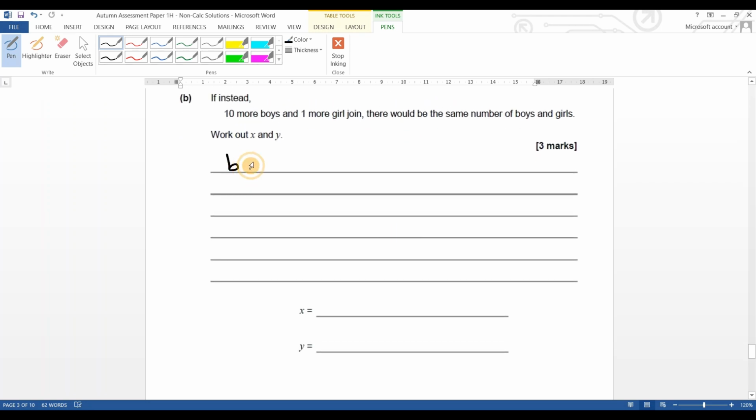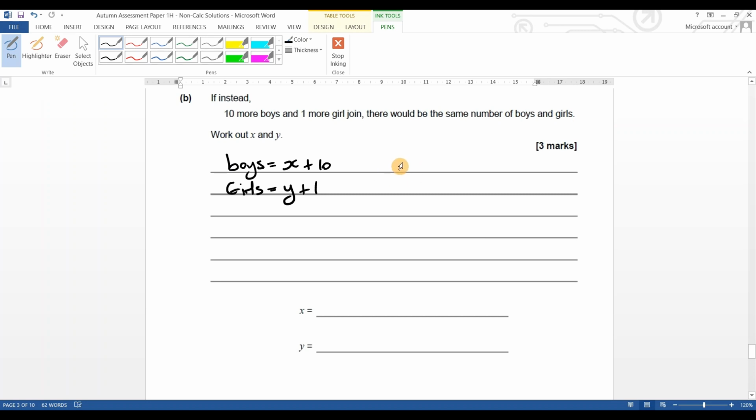Originally it was that and that. So if instead 10 more boys join, so we're going to get x plus 10, and 1 more girl is going to give you that. There would be the same number of boys and girls.